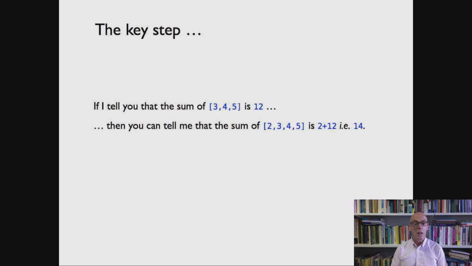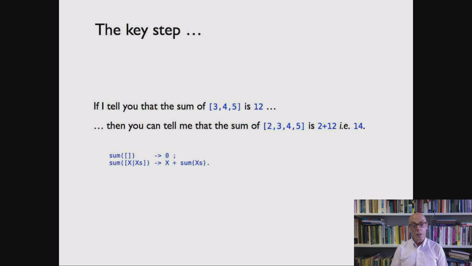Well, the key step is to think, well, if I know that the sum of 3, 4, 5, say, is 12, and I stick one more element, 2, on the front, then the sum of that whole thing is 2 plus 12. It's the first element plus the sum of the rest. And there we see that what we say is sum of x cons x's is x plus the sum of x's. Again, it's a recursion, very like the pattern we saw for numbers.